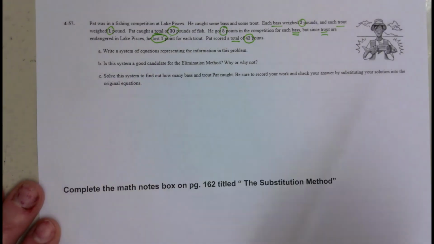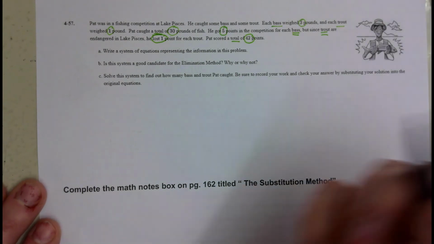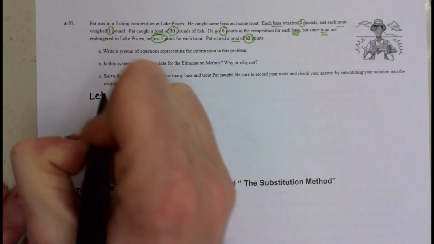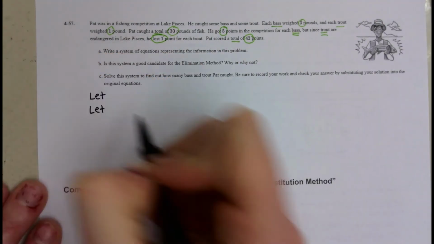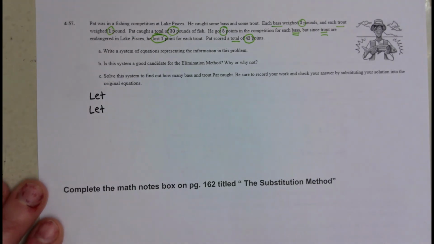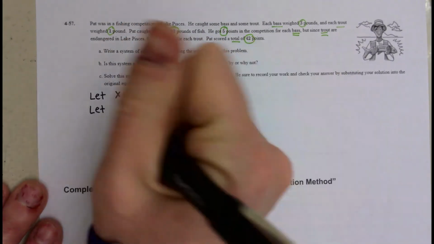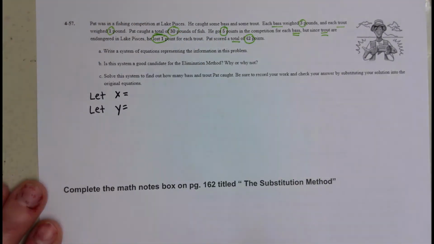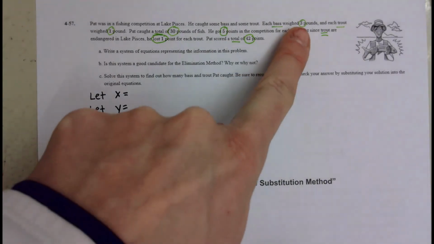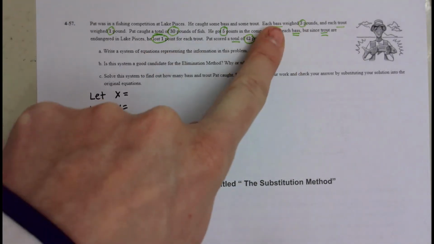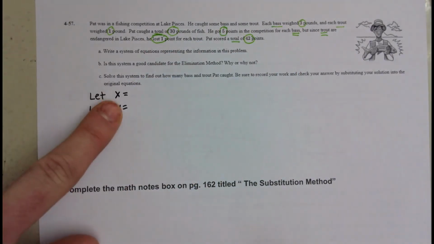So first we got to write our let statements. We have two of them because we have two types of fish. I'm not going to use t because I don't like t's. It looks like a plus sign. So let's say x is equal to and y is equal to. He has bass and he has trout. So let x be the bass.